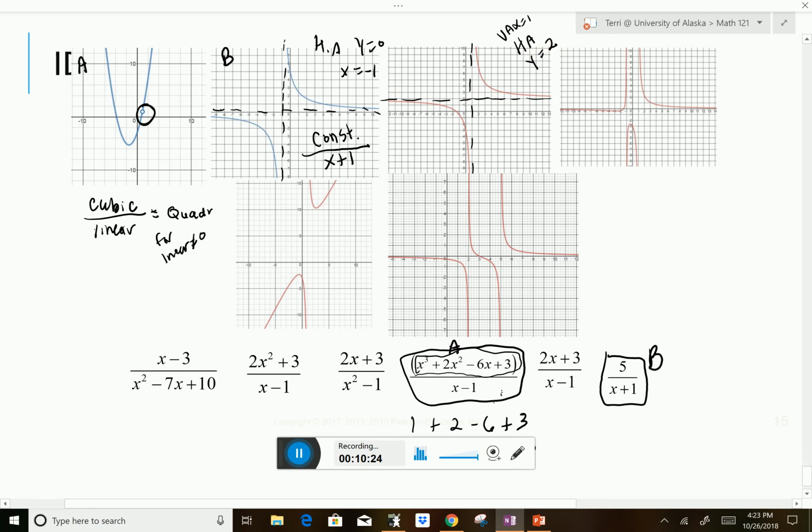So what I need is x minus 1 on the bottom, and on the top something with 2x. So what does that look like? x minus 1 on the bottom, but that one has a square at the top. That should have 2 asymptotes, so it must be this one. So let's call this one D.